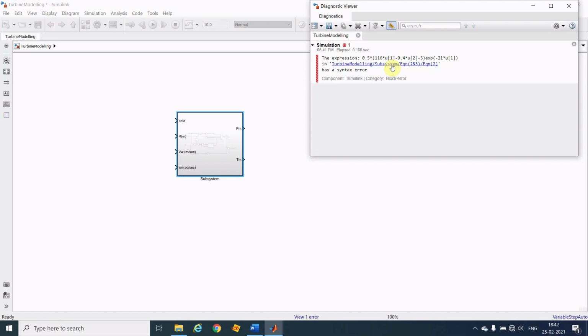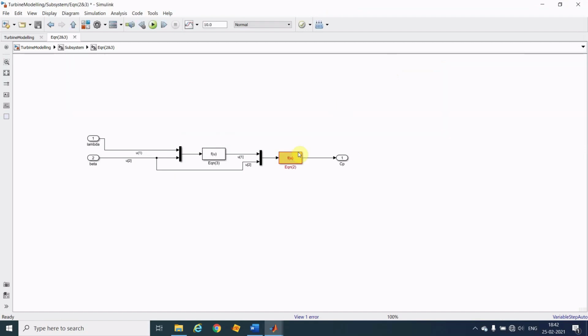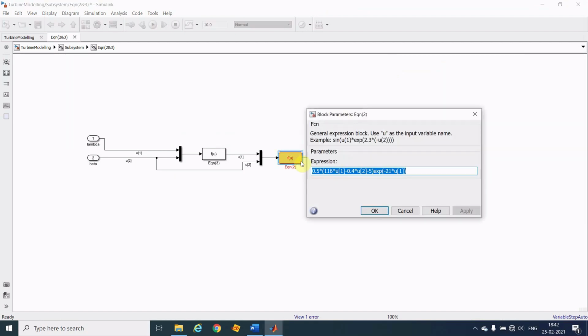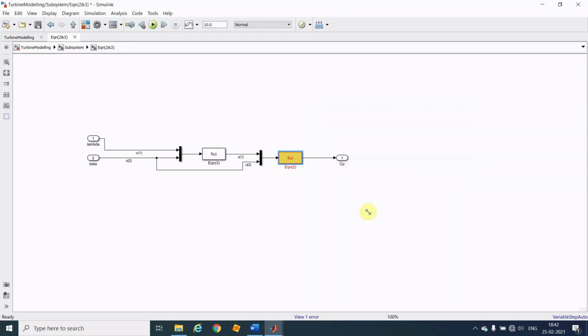Syntax error is showing, so we need to check it here. I think it is here, star. Apply and run it.